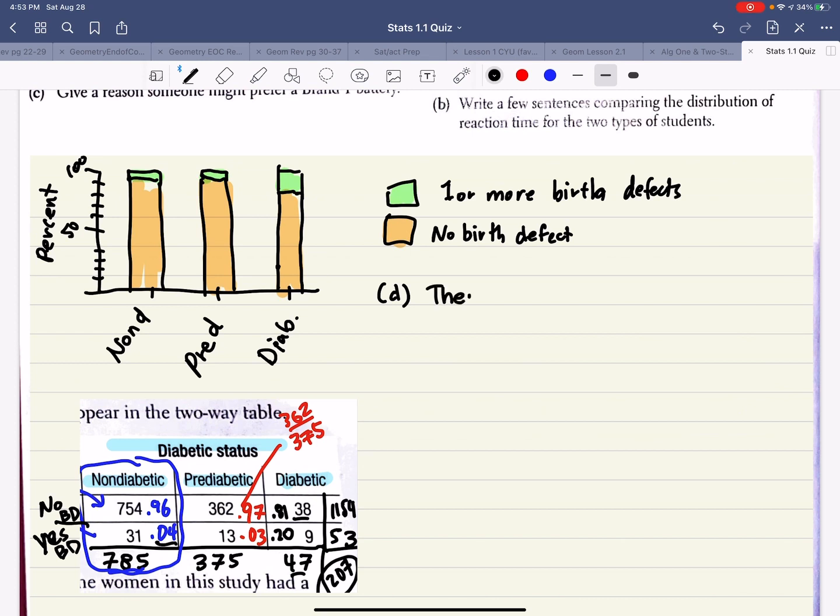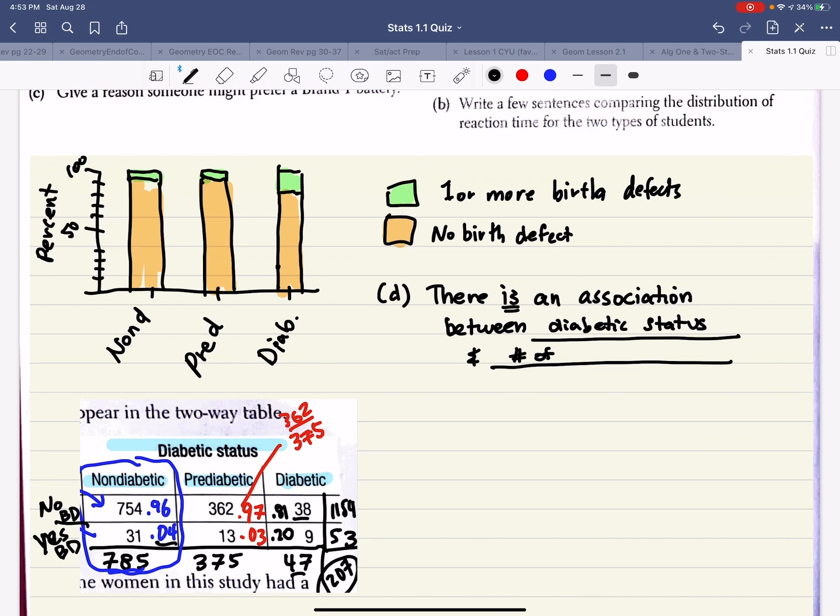We have to say, first off, there is an association between the two categorical variables that we assessed. What were those? Remember, we assessed the diabetic status, and we assessed the number of birth defects. All right. Now we have to say why we think that, right?